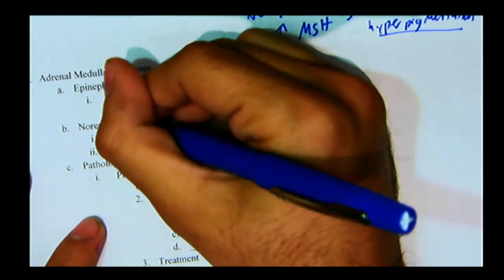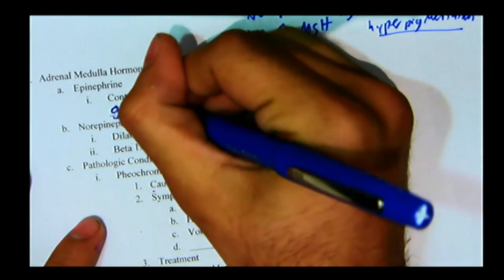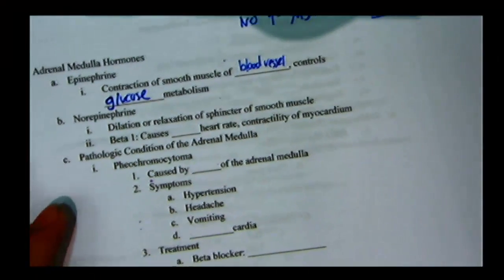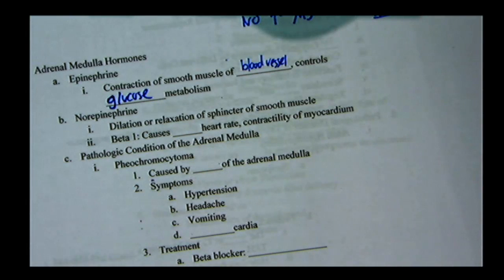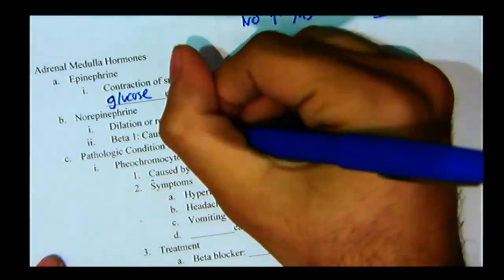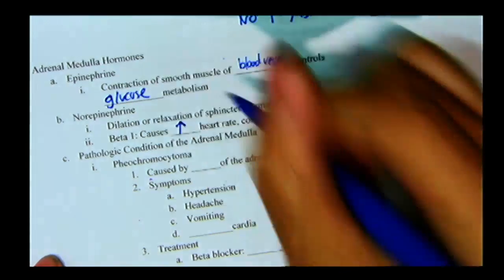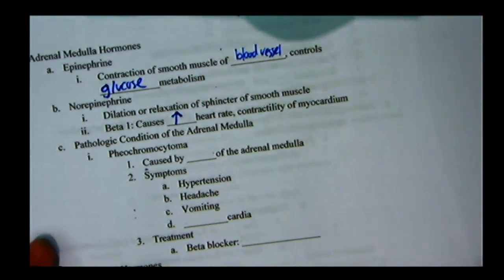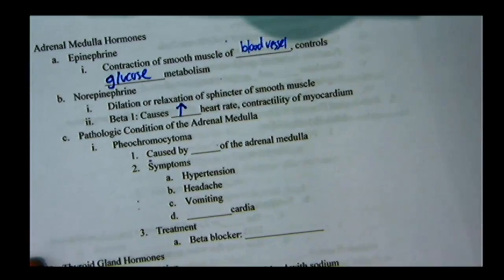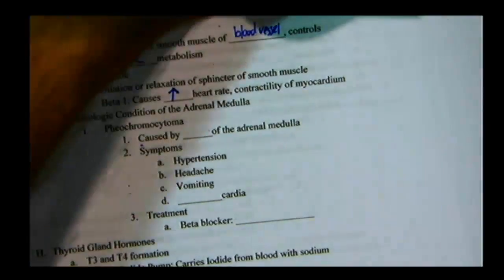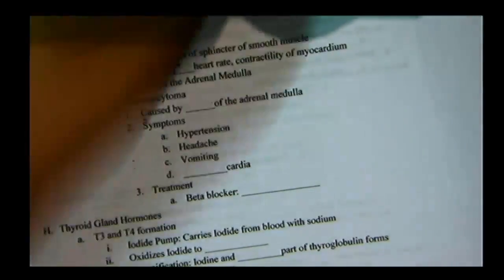So norepinephrine causes a dilation or relaxation of the sphincter of the smooth muscle, and beta-1 causes an increase in heart rate and contractility of the myocardium.